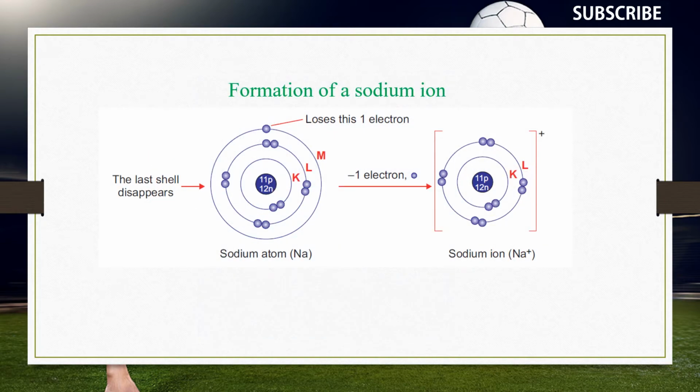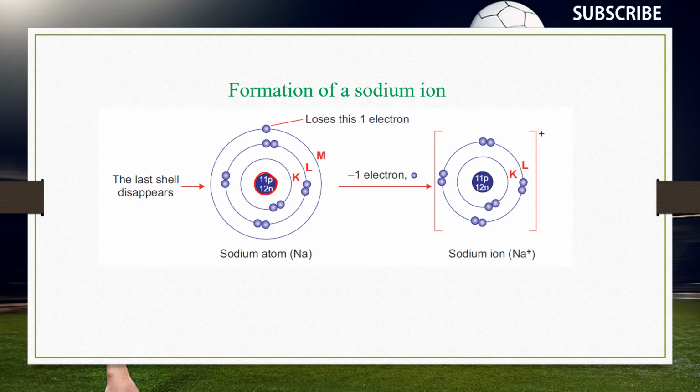If the previous presentation was quite challenging, hopefully with this diagrammatic representation of atoms we shall be able to clear out some of those doubts. So when you look at this sodium atom here, you realize that this sodium atom has 11 protons as shown inside the nucleus.